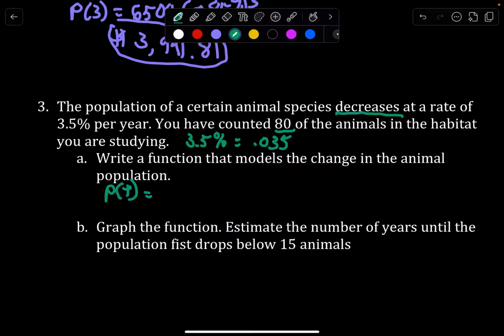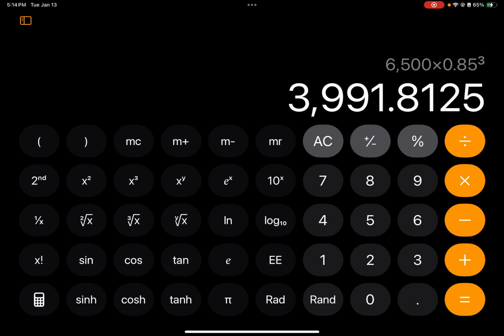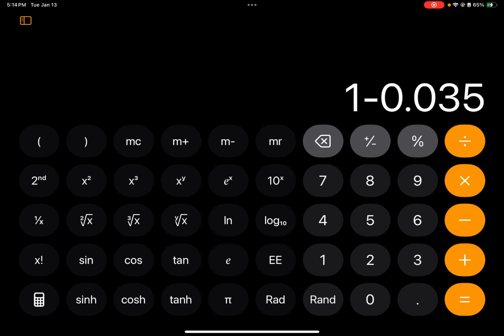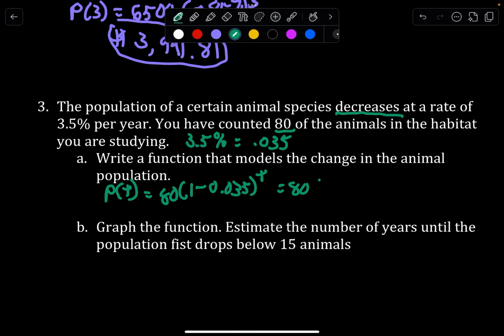So it's going to equal 80 times 1 minus 0.035 to the T power, which equals 80 times, what is 1 minus 0.035? It is 0.965. So it's 0.965 to the T power, where T is years after purchase.